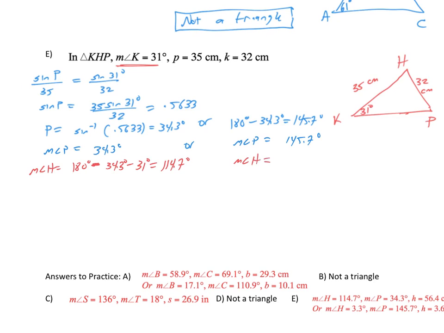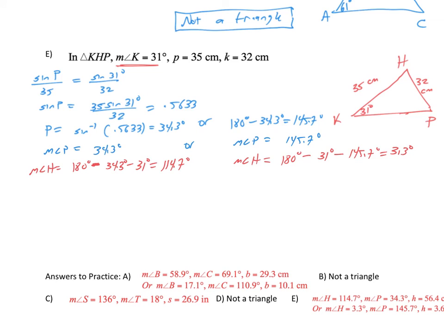And let's see if the obtuse angle will work, if there's enough rotation left. So we'd have 180 degrees minus angle K, 31 degrees, minus angle P, 145.7 degrees, which is 3.3 degrees. So we actually will have two triangles in this case.